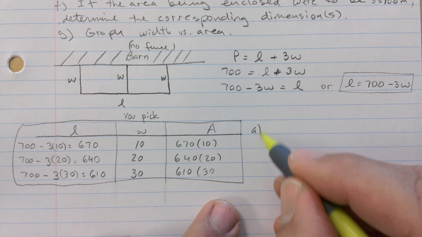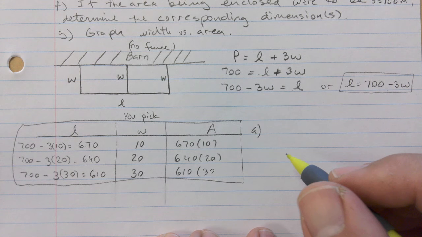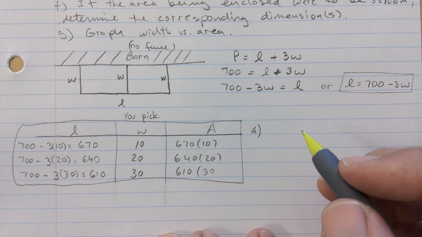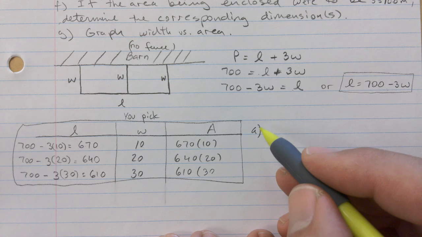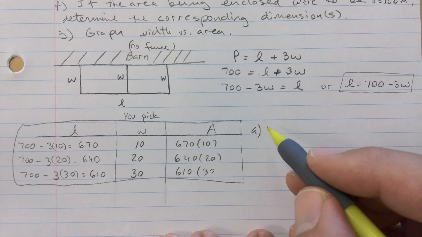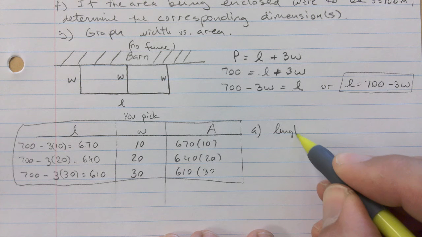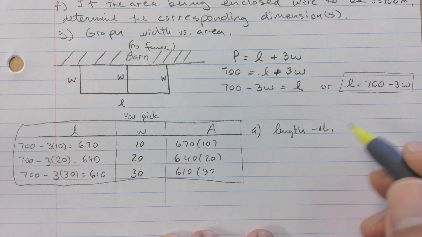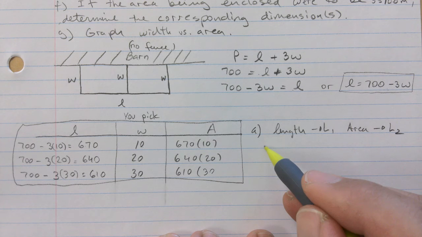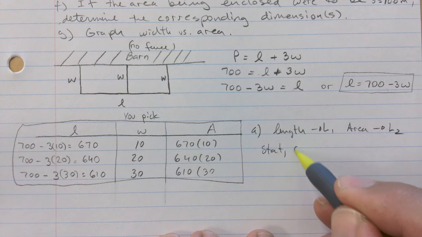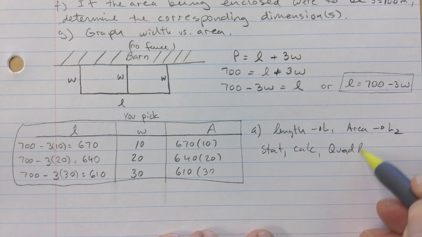All right, it's 3 o'clock, so I want to make it through this, okay? This one, you want to practice, okay? I can tell you that. We want to relate length and area, so we'll put length into L1, area goes into L2, and then we're going to tell the audience what we're going to do, and here we go, okay?